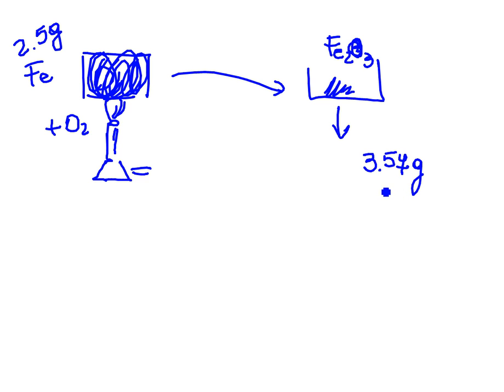Actually, when we take the mass of the iron oxide and we put it on the balance, we're going to see that it's less than that. Why is it less than that? Because maybe some of the iron didn't burn. Maybe some of the iron wool, since the iron wool is very thin, some of them may escape, okay?